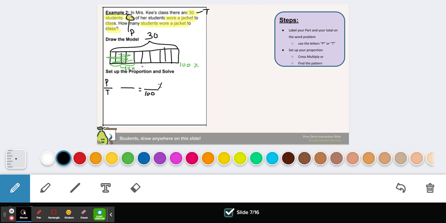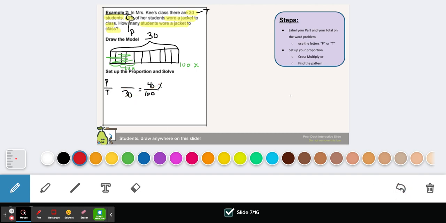If I'm understanding this correctly, 30 has to be my total, so I need to fill that out right here. 30. 40%, this side isn't talking about percents, but this side is, so I'm going to need to fill this out. And I need to follow the same thing, where I need to cross multiply and divide, cross multiply these two, because those are the two that I am working with.